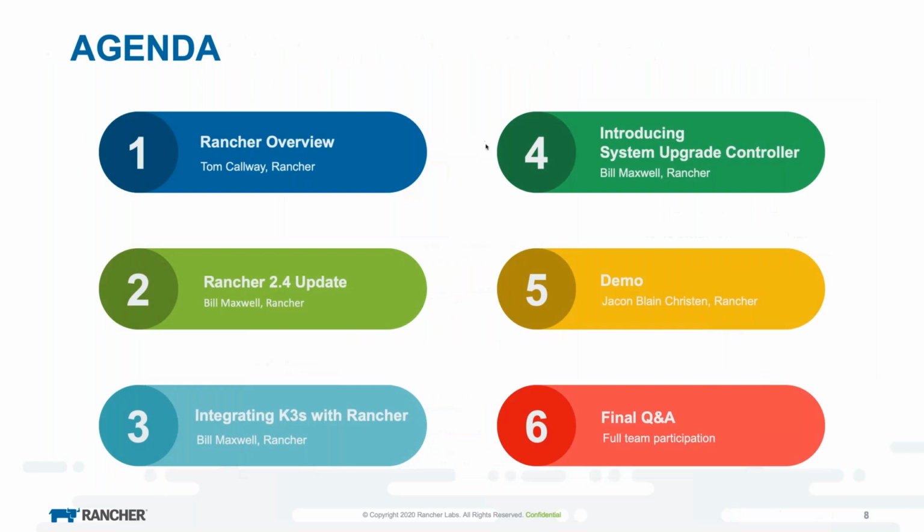Right, the agenda. So it's going to be pretty packed. I'm going to do just a few more minutes. I'll try and keep my spiel to as minimum as possible, and then I'm going to be handing over to Bill. He's going to be talking about the next version of Rancher, which is 2.4, which is coming out at the end of this month, and some of the features in it, including the enhanced K3s support, and also a new capability called System Upgrade Controller.